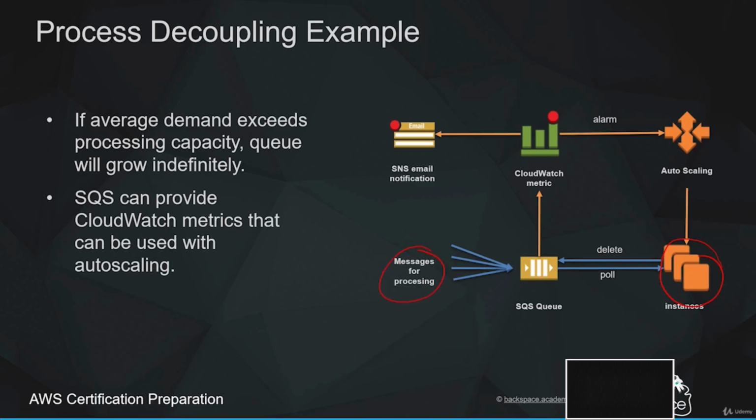And those messages could have information on an image that needs to be processed, or a video that needs to be processed, or a cryptography problem that needs to be solved. And so those messages come in, and as the number of messages coming in increases, the auto-scaling group will also add more instances to cope with that increasing demand.